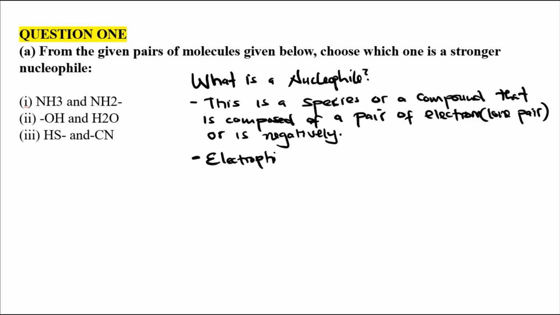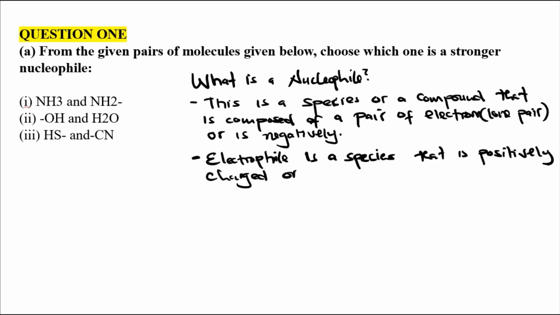So in organic chemistry, you really need to know these terms because they are very important. So an electrophile is simply a species that is positively charged, or has a high quantity of protons, or is partially positively charged.